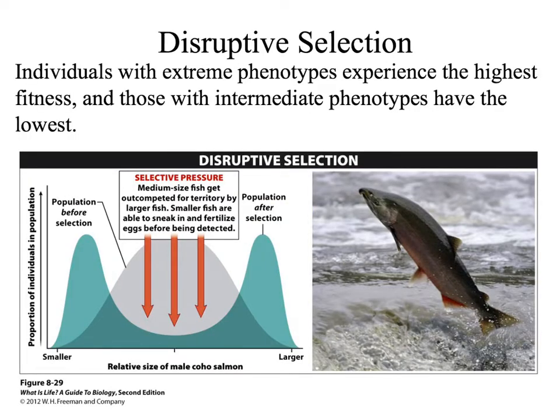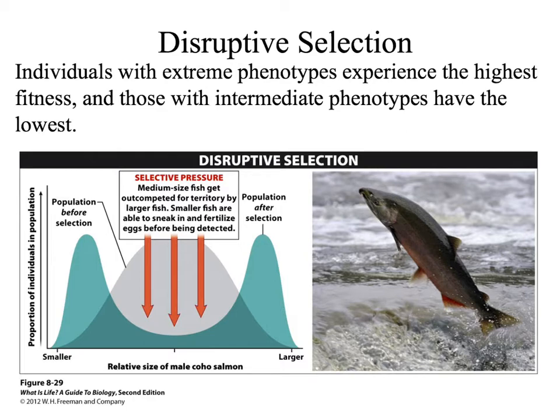Disruptive selection occurs when the middle phenotype is selected against and the two extreme phenotypes are selected for. In this case, we have fish sizes. So the male fish, who are very large, are selected for by females to reproduce. So they get to reproduce very often. Males that are middle-sized are not selected by the females to reproduce.